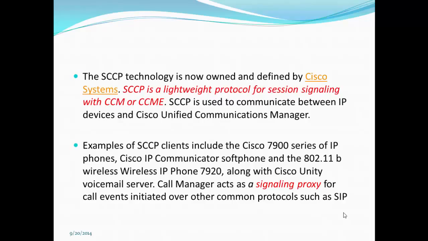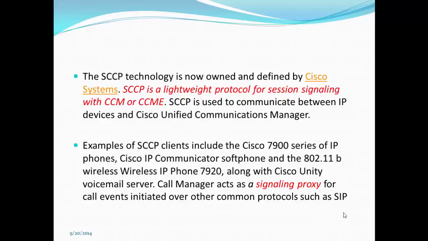Okay, the Skinny technology is now owned and defined by Cisco Systems. It's a lightweight protocol for session signaling with Cisco Call Manager or Cisco Call Manager Express. The Skinny protocol is used to communicate between IP devices and Cisco Unified Communications Manager or Manager Express, which is a subset of a call manager.